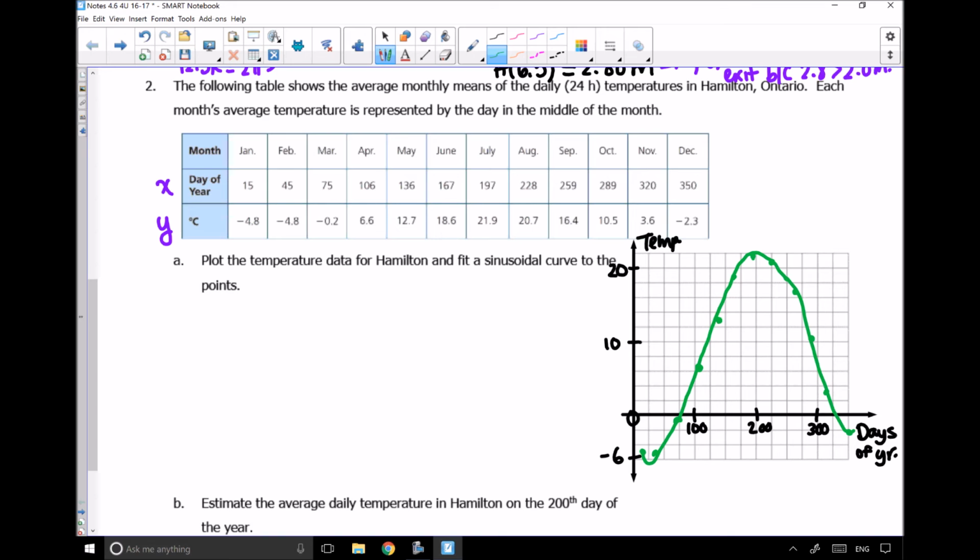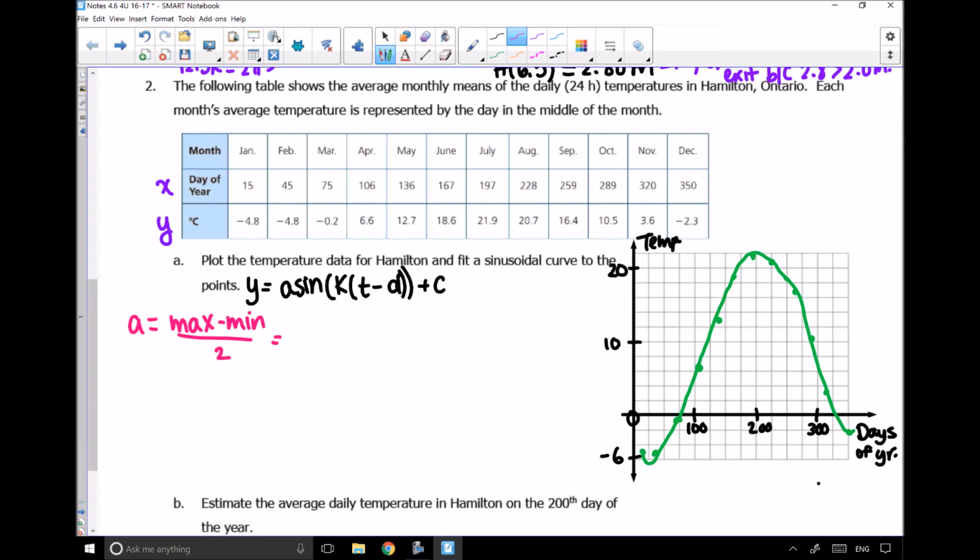Okay, so now that I've done that, we need to actually find our equation for a sinusoidal curve. So we know that we can say y equals a sine of k times t minus d plus c, and we're going to find out all of our information. So to find the amplitude, just like we did before, we'll take our max, subtract our min from it, divide it by 2.